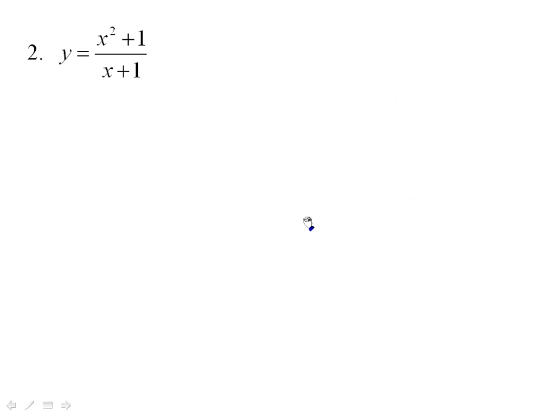I'll make a note here, this is not a very technical illustration of it, but to express it in the form y is equal to mx plus b plus a over x, use long division.